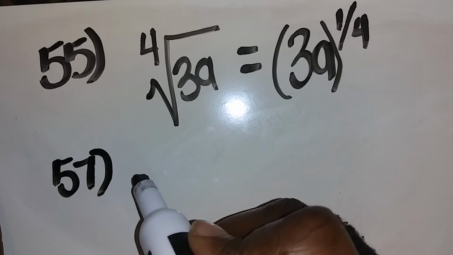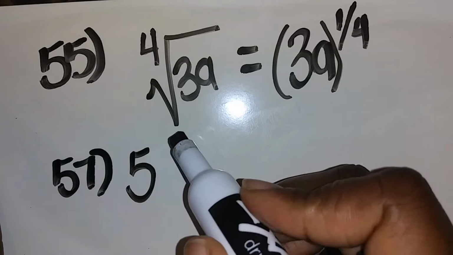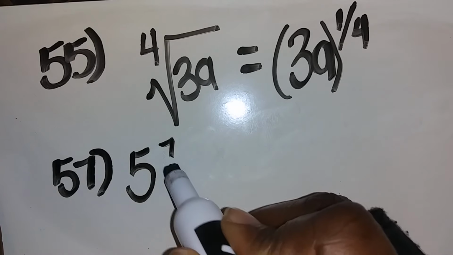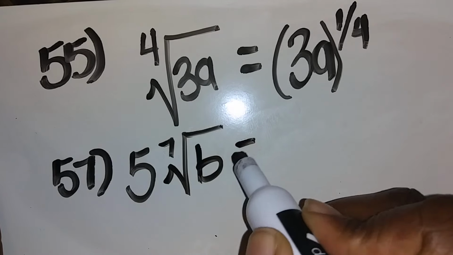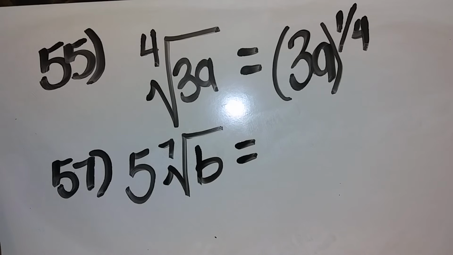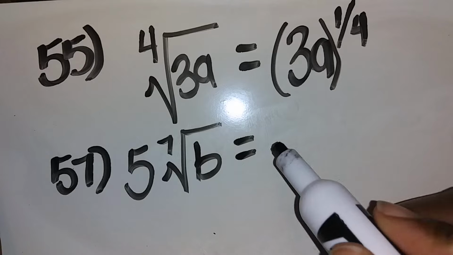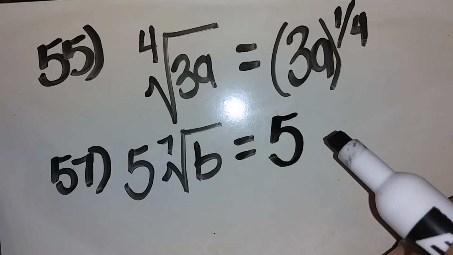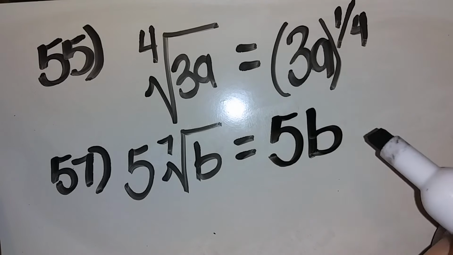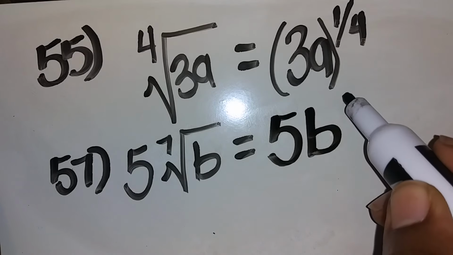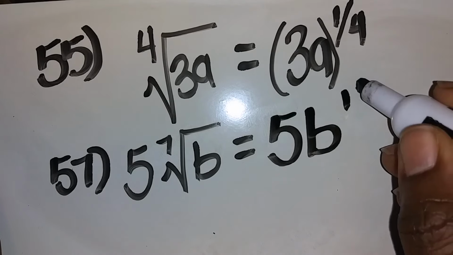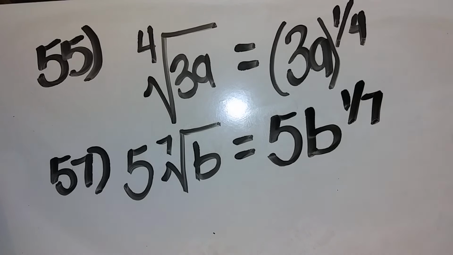So 57, I have 5 times the 7th root of b. Now this is a case where we don't do parentheses because 5 is not under the 7th root. So we just write the 5 down. We write the b down. I see b only one time and it's over 7, which is my index.